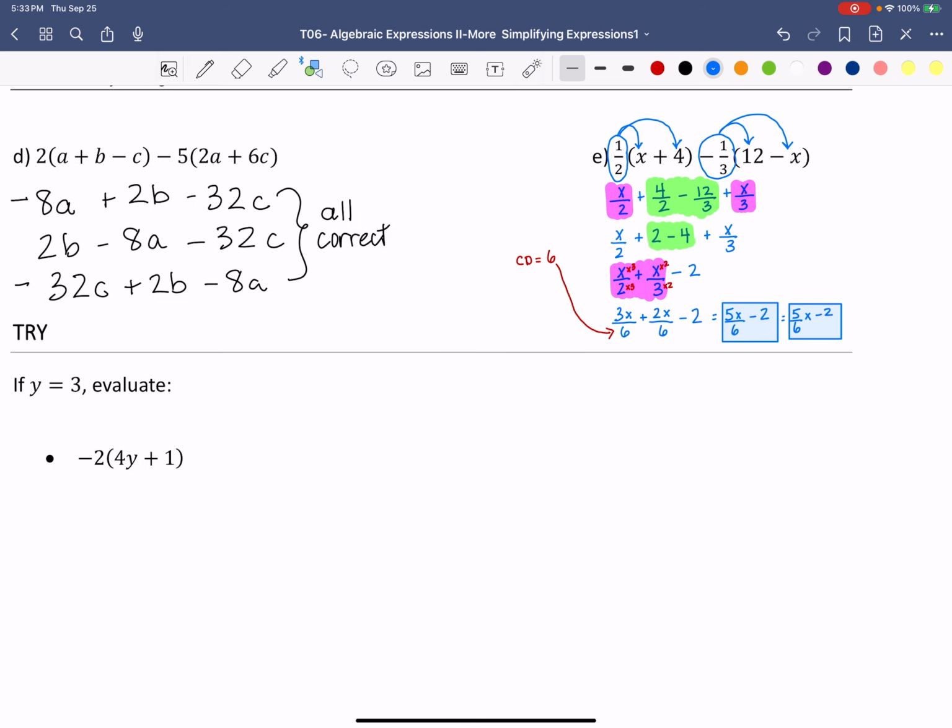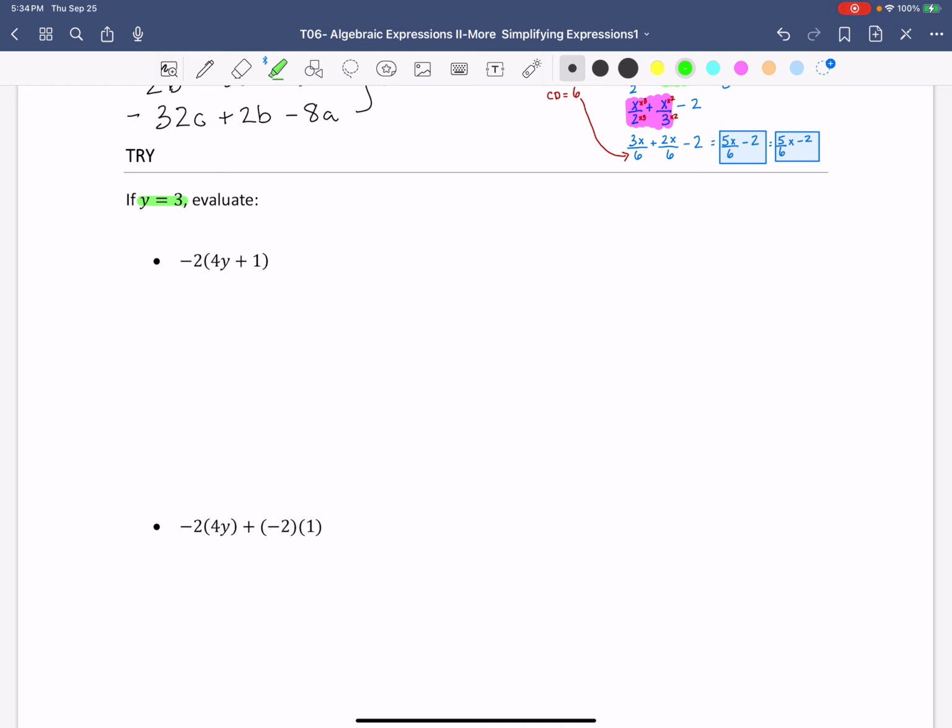So what I want you to notice about these two expressions is that they actually are the same thing. So if we look at the first one, negative 2 times 4y plus 1, we can see that we've got this bracket where for the second expression, the bracket has already been distributed.